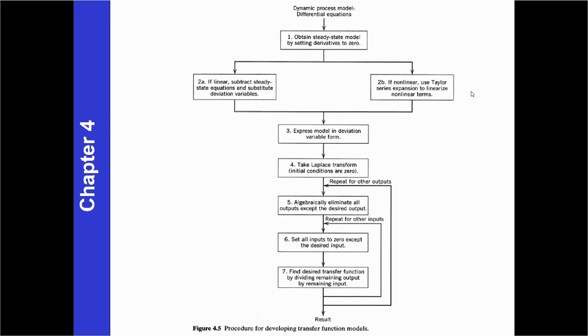So by doing that, if we put that together, you'll find out that it's in the form of a matrix. So remember the matrix in MATLAB. Remember MATLAB stands for matrix lab.